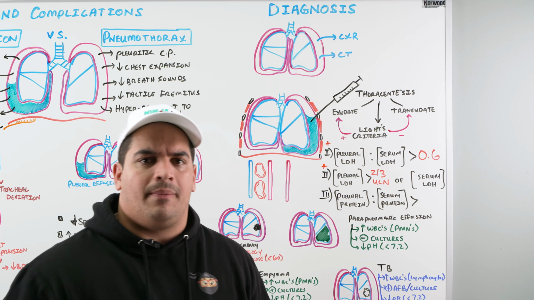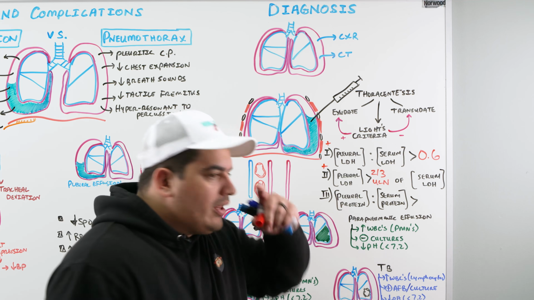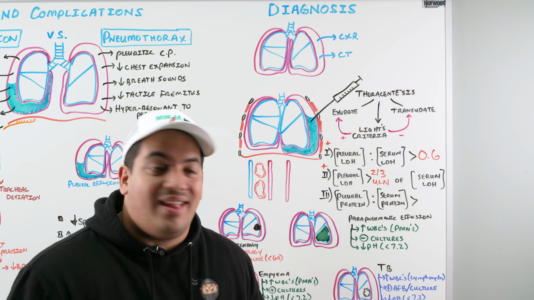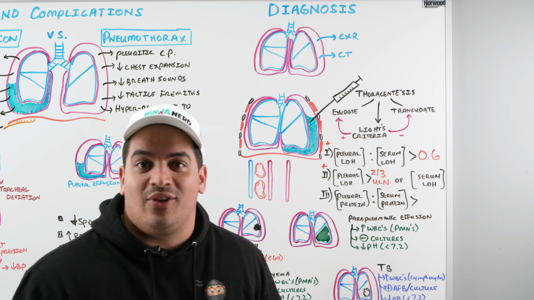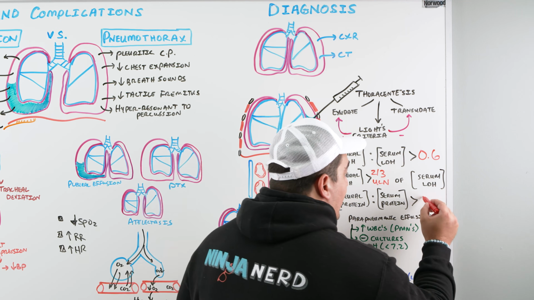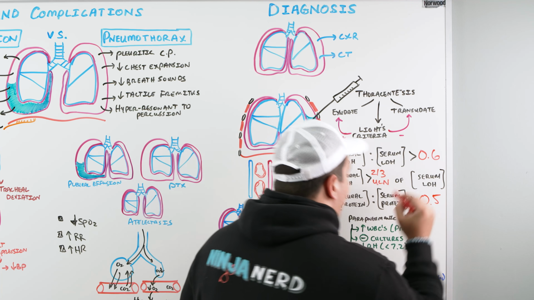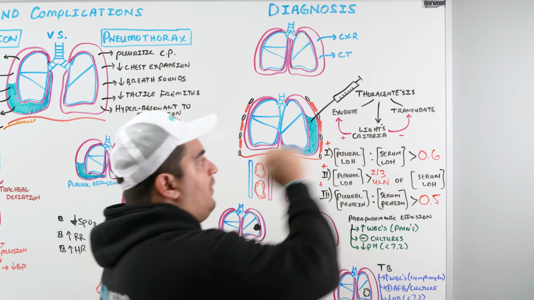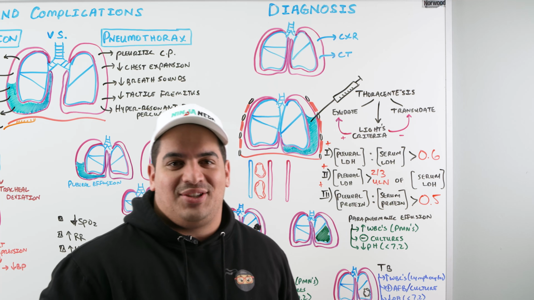But let's take it a step further. We check the pleural protein and compare it to the amount of protein present within the serum. If we get a ratio of greater than 0.5, that is also a positive finding for Light's criteria. It makes us think exudative effusion.